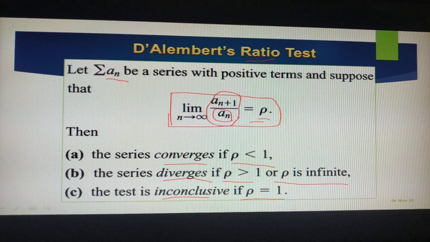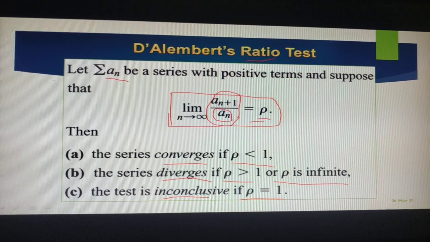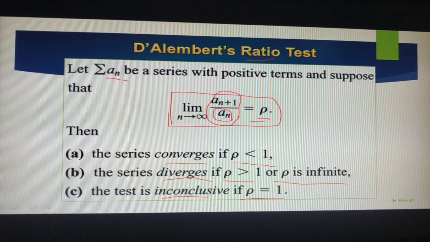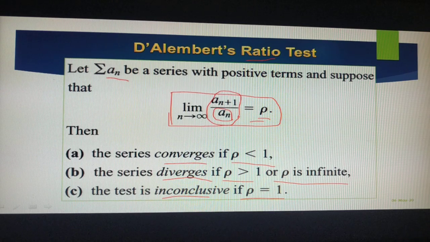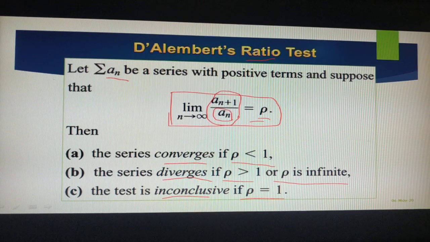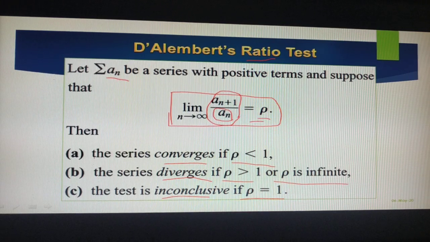It is inconclusive, meaning the information we get from the series is not enough for the ratio test to decide. So if the test fails, what do we have to do? We have to approach some other suitable test.